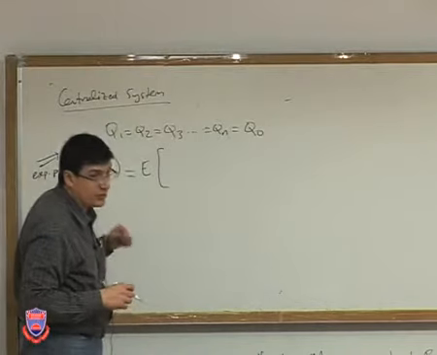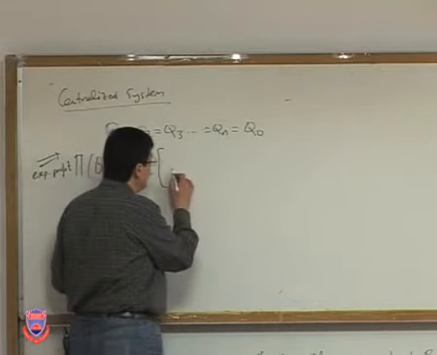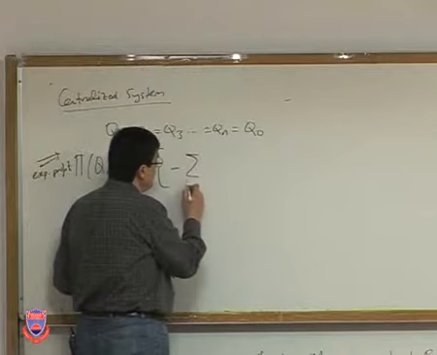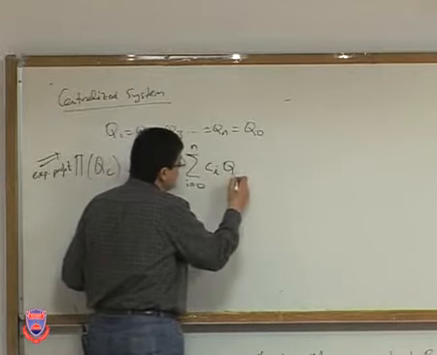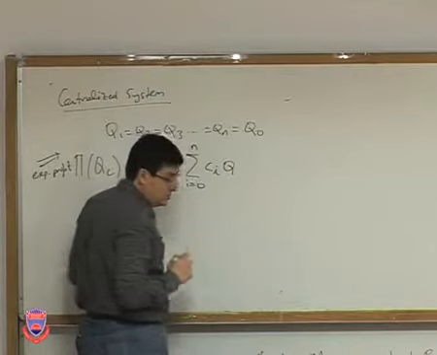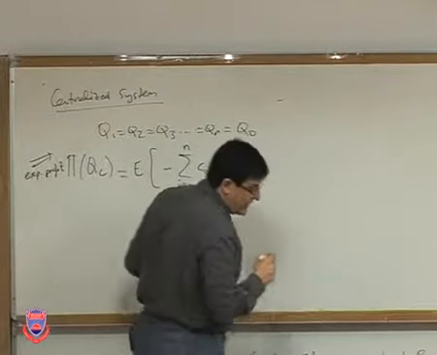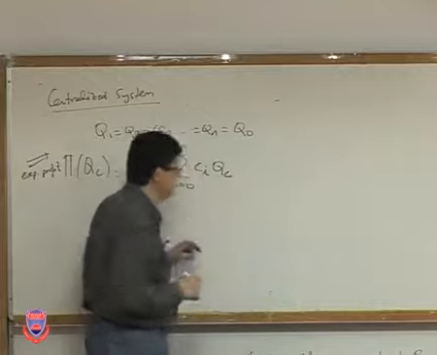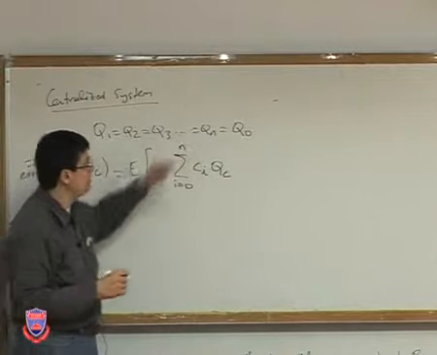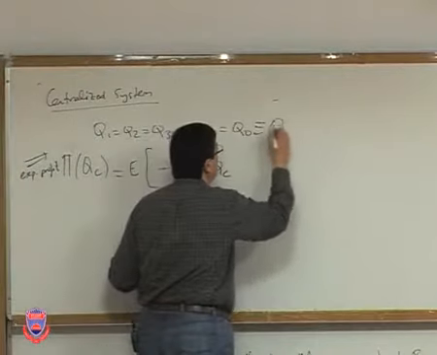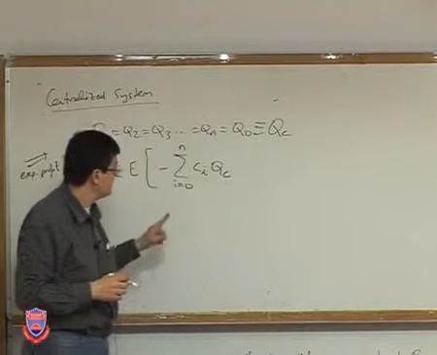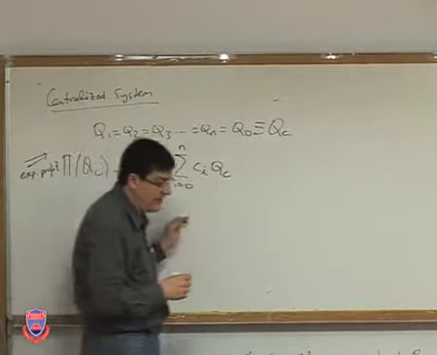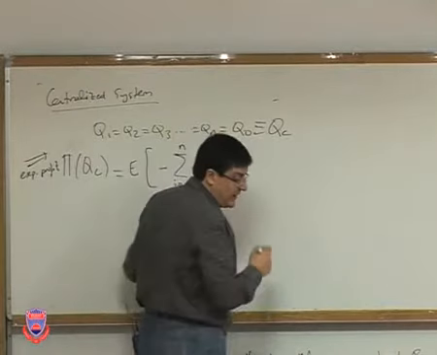Now, what will be the total cost incurred? The total cost will be the summation i from 0 to n, Ci times Q. So let me just write Q sub C here, because Q sub C is going to be, in this problem, the quantity that I'm looking for, centralized. This is the cost that I'm going to pay. And then what do I have?